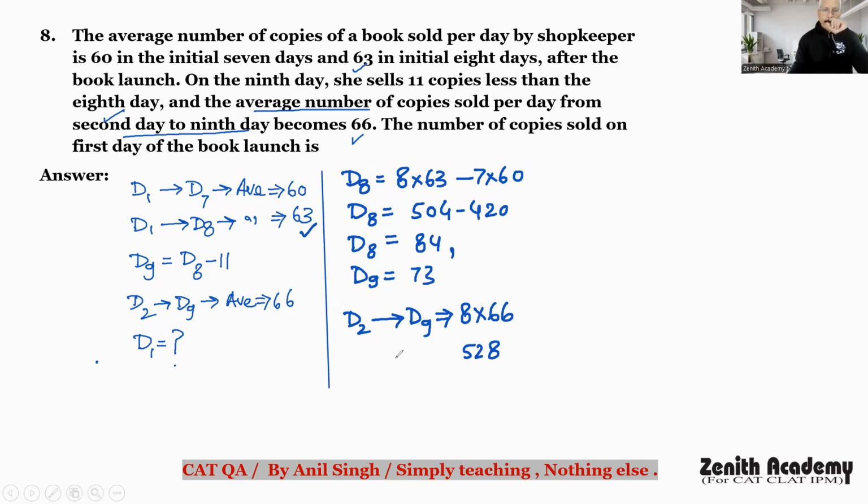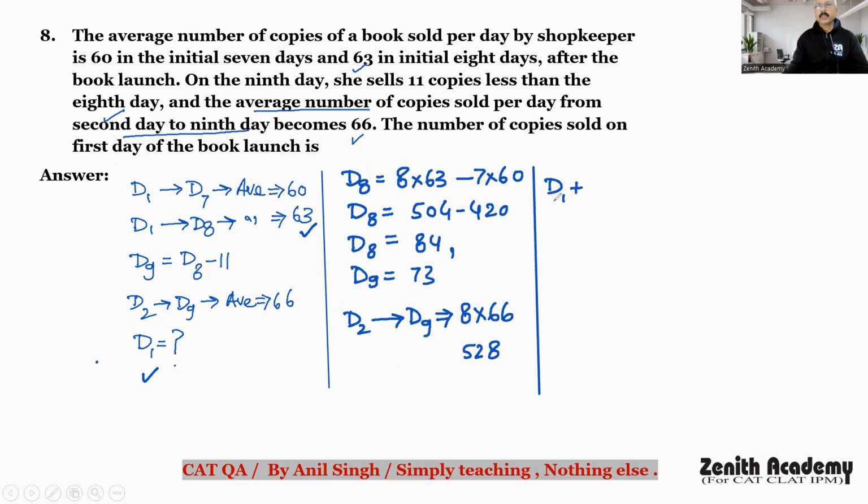Okay. Now D1, day 1, the total number of copies sold. So look here. Now it is a very simple question. Suppose the number of copies sold on day 1 is D1.